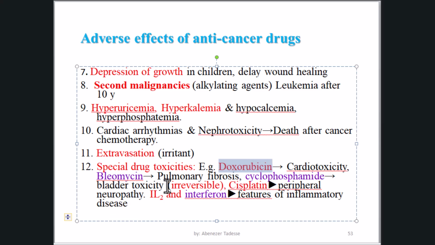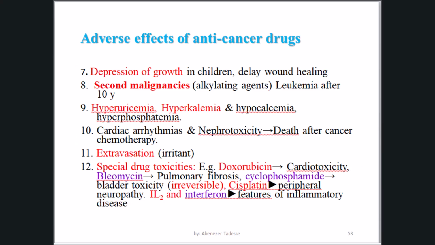So we have already discussed how we can manage these side effects. Peripheral neuropathy is especially associated with vinca alkaloids. Interferons and interleukins are associated with inflammatory disease, because they stimulate immunity. That means they can result in inflammatory disease.